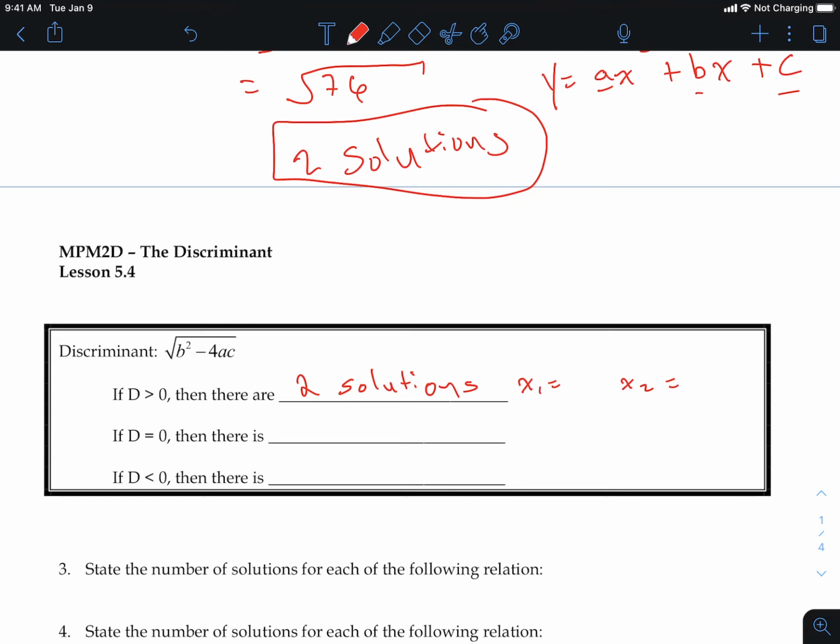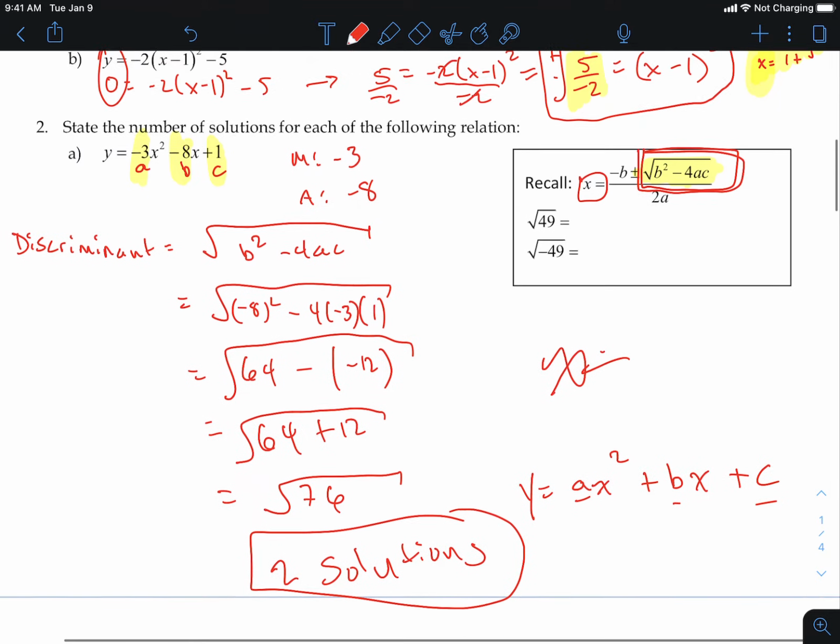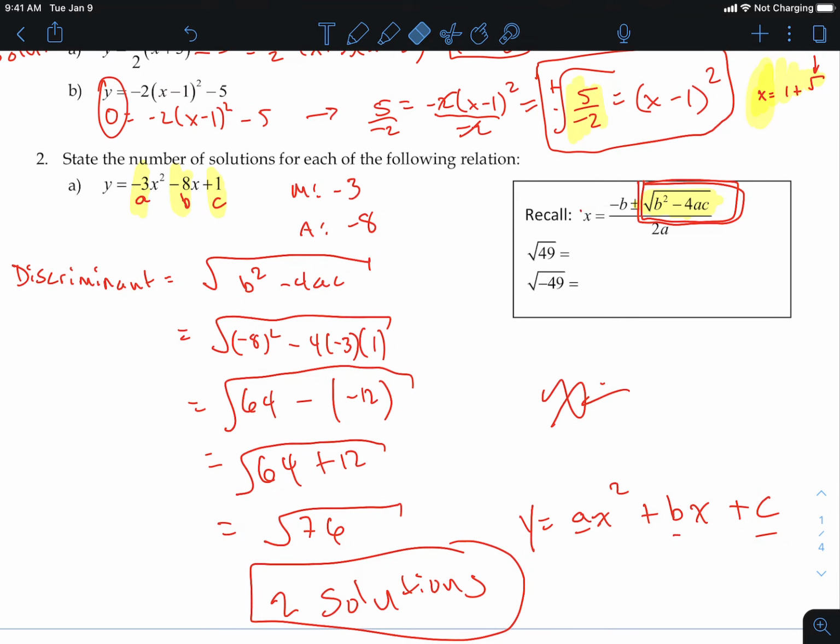If d equals 0, I'm just going to go back up here for a sec. You guys turn the page over if you want, or just look up here. What happens if this entire piece is 0? What are you left with? X is equal to negative b over 2a plus minus 0.